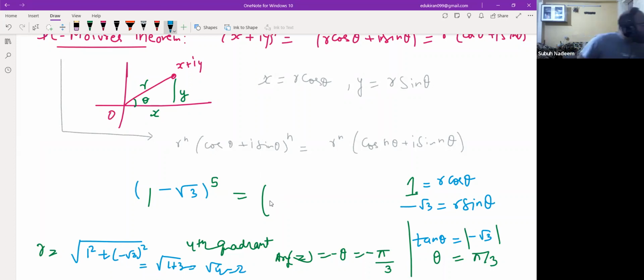So this is actually 2 cos minus pi by 3 plus i 2 sine minus pi by 3.